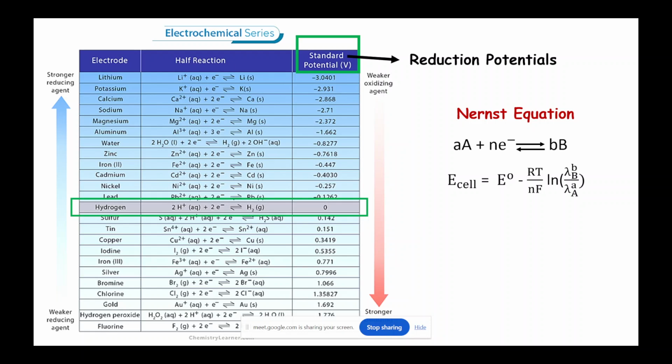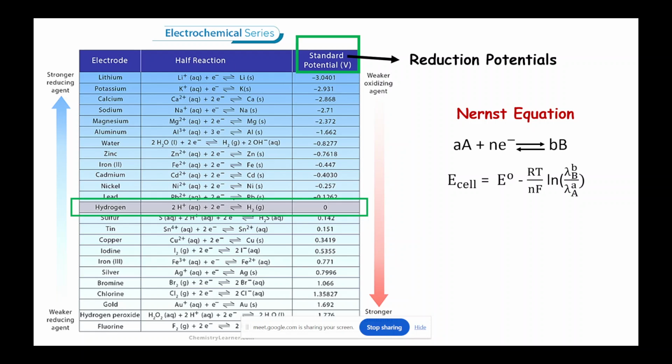So I hope there are not many queries related to this electrochemical series. So let's move to the Nernst equation.